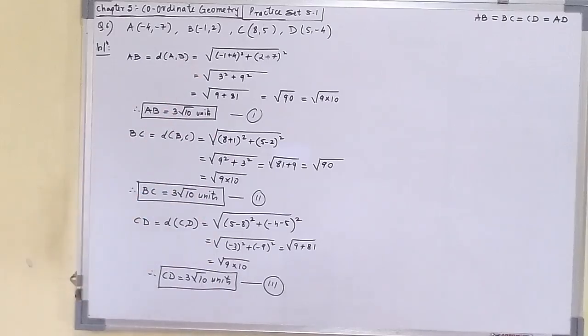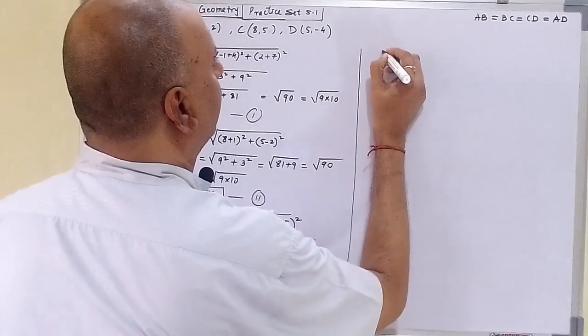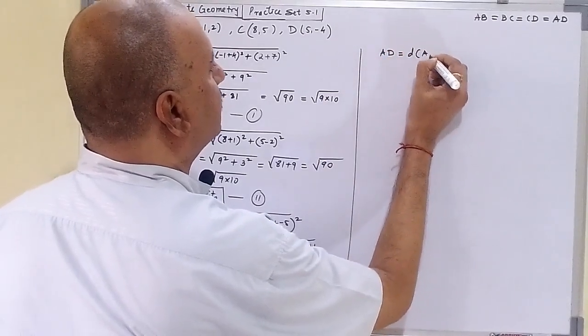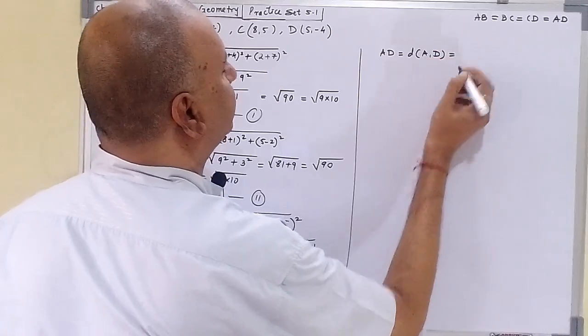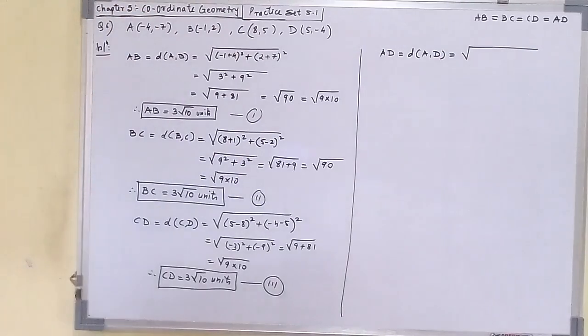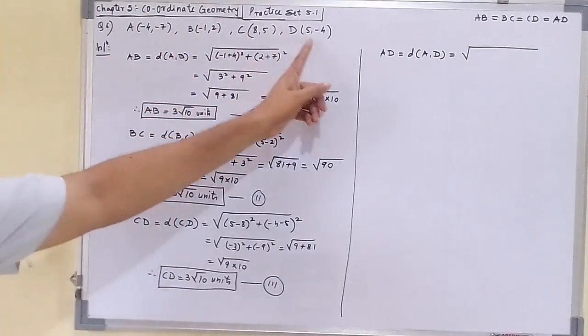Now go to AD. AD is distance A comma D. So this will be x1 y1, x2 y2.